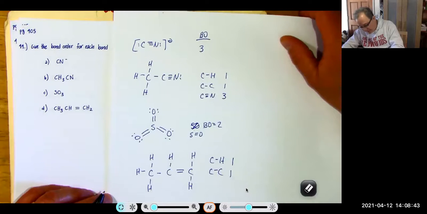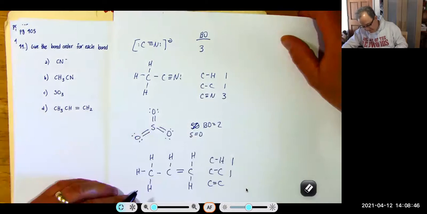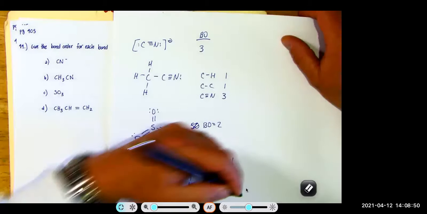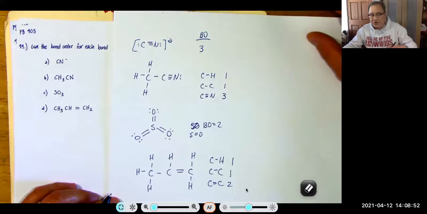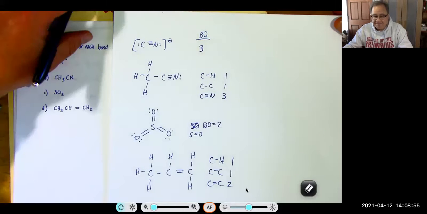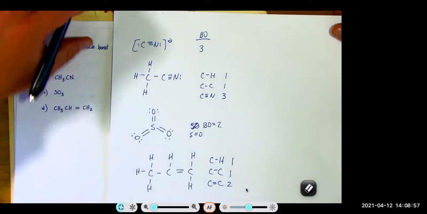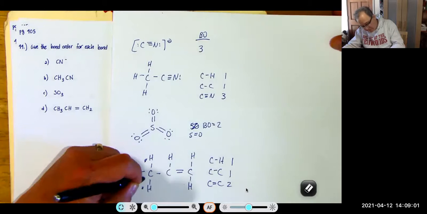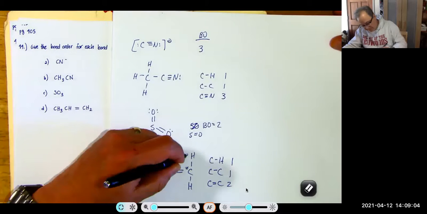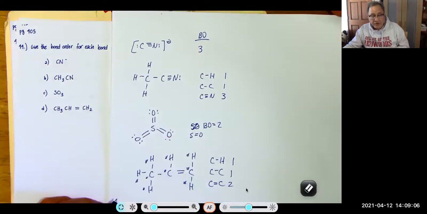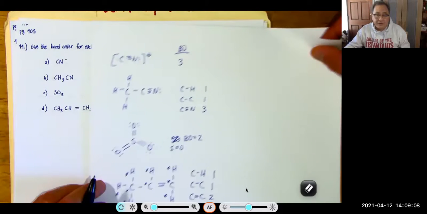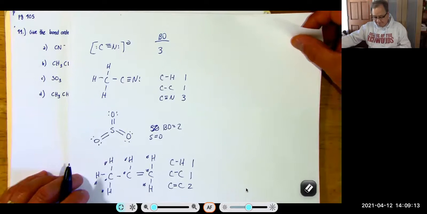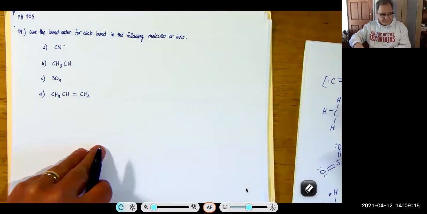How about for the C double bond C? That's what I was getting confused. I was adding the C single bond and the double bond and then dividing by 2. You only do that when you have resonance structures. Yeah, okay. And we don't have any here. These are all zeros, by the way, also. So when all of your formal charges are 0, you don't have resonance structures. Right.